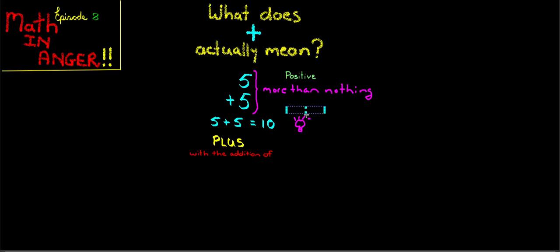Do you see how important it is to say these things correctly? Because now, when somebody writes this down, you're no longer reading 9 plus 3 is 12. What you're reading is 9 more than nothing, with the addition of 3 more than nothing, is in balance with 12.